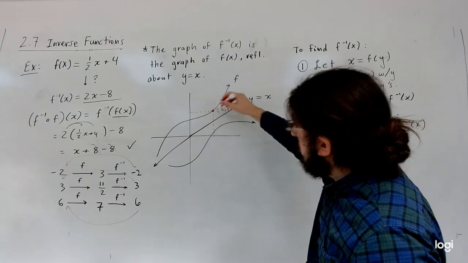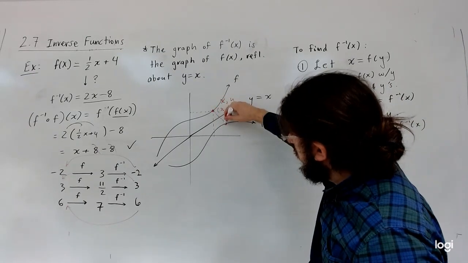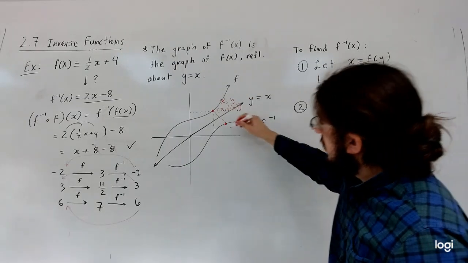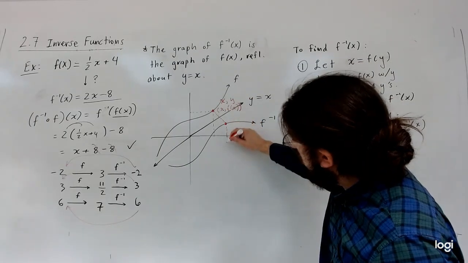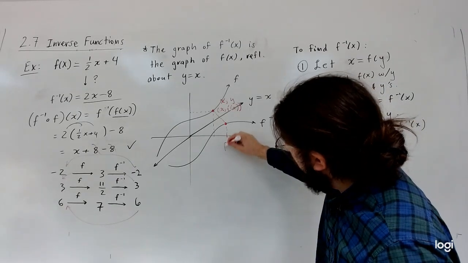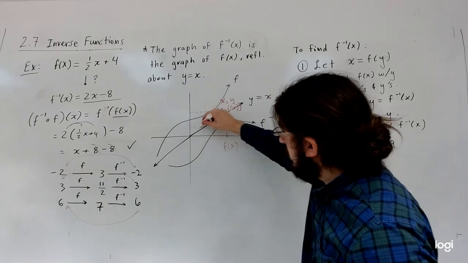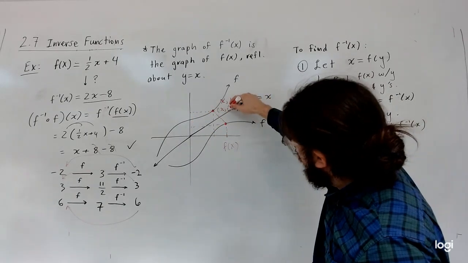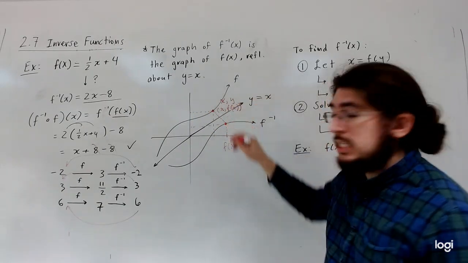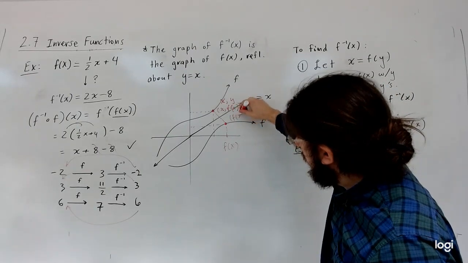If you swap x and y values, what that's really doing is reflecting across the line y equals x. So here, this x value will be the same as the y value we got over there. So if this is f of x, f inverse of f of x will just give you x. So where this point is of the form x comma f of x, this point will be of the form f of x comma x.